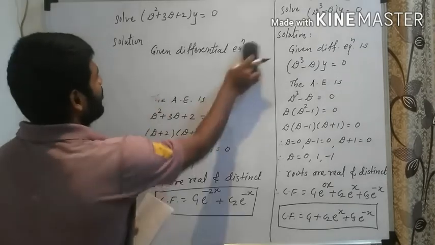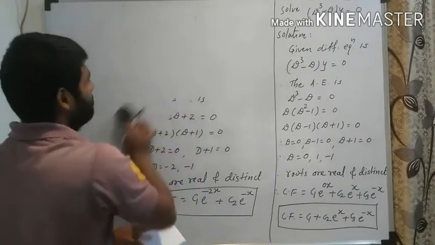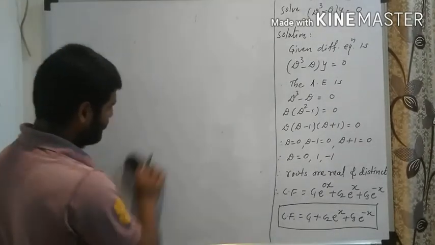So, from that we can say that 4 equalities are here.